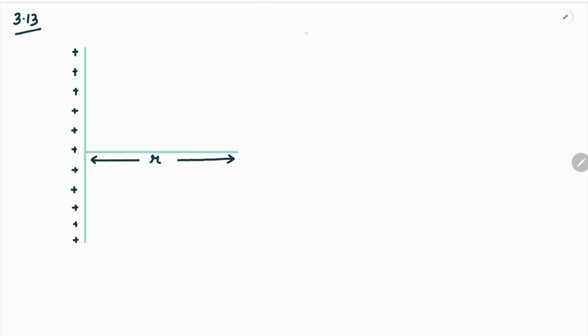So here we can say that the charge per unit length lambda for the rod can be written as charge upon length, which is 2a. And at a distance x on this rod, we select an elemental patch dx which has charge dq.